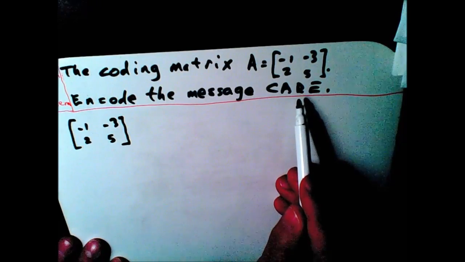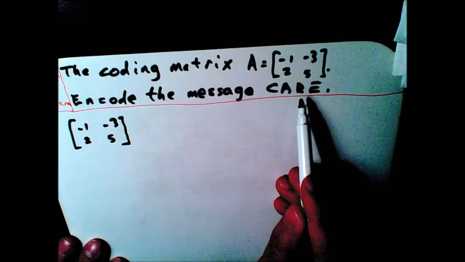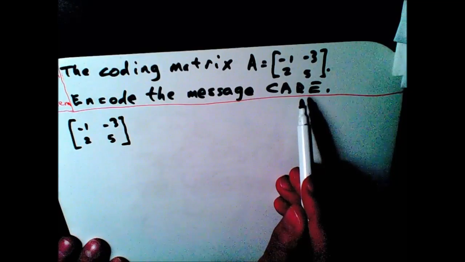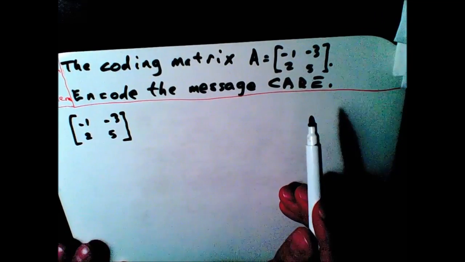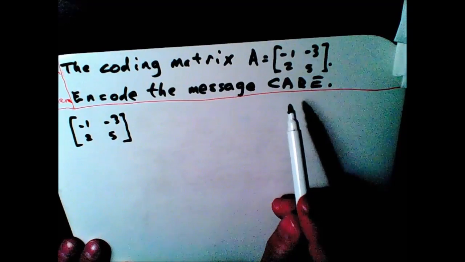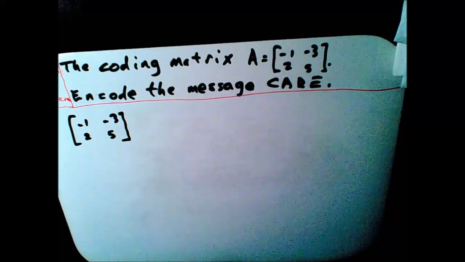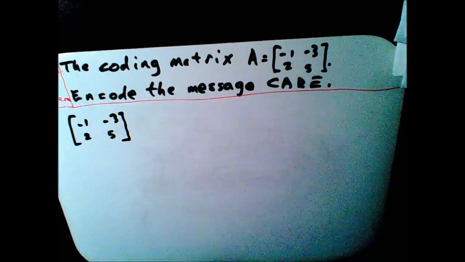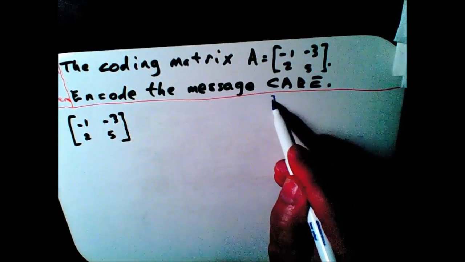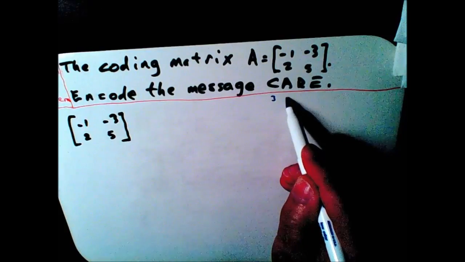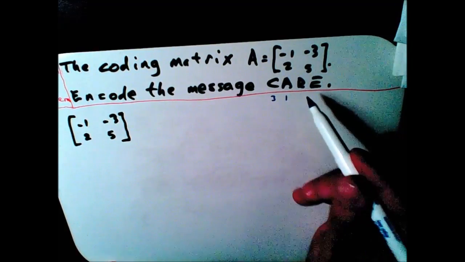Now, the way this works, and the reason I think people have questions about it, is not exactly the way you might expect. Because we can look at this and say, okay, the letter C is the third letter of the alphabet, and the letter A is the first letter of the alphabet.